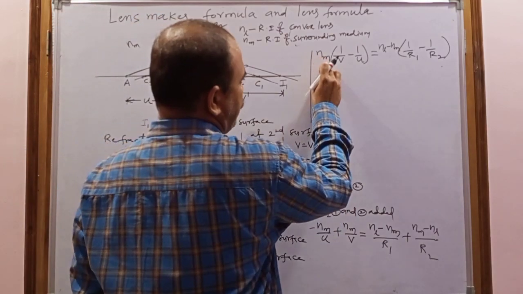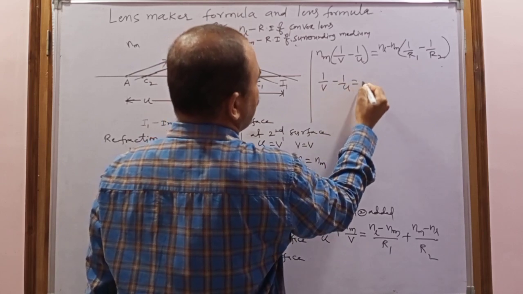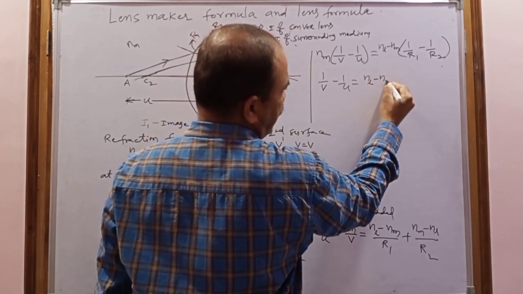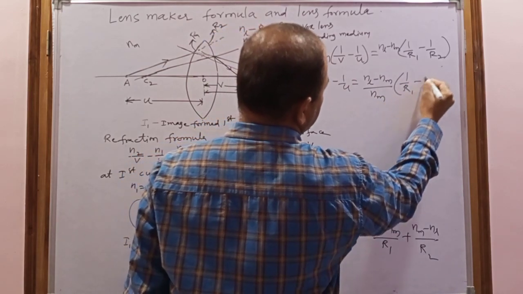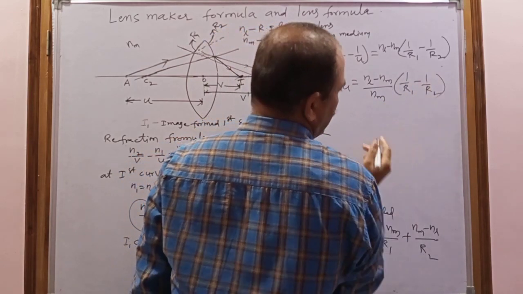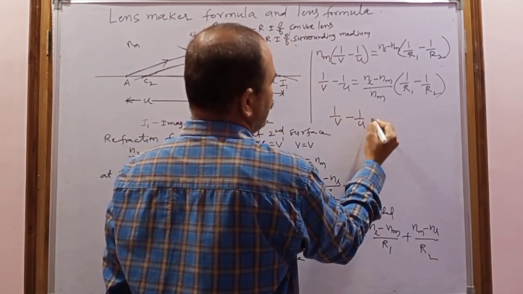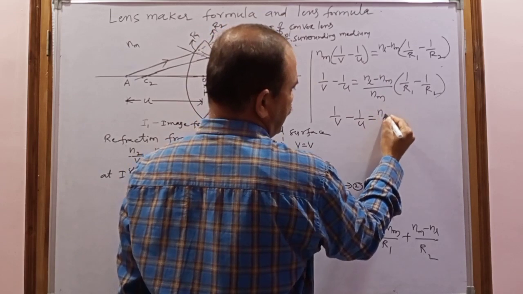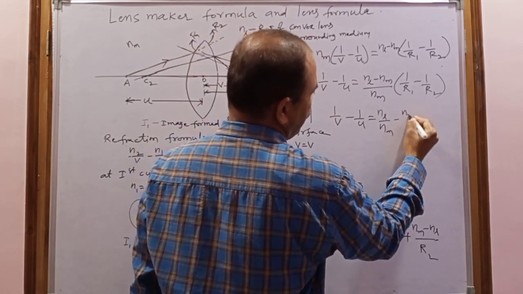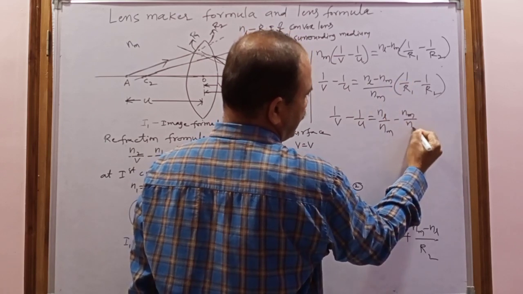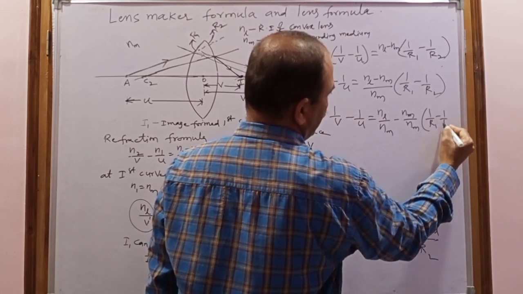Now bring this n suffix m to the right side. So 1 by v minus 1 by u equals n suffix l minus n suffix m by n suffix m, of 1 by r1 minus 1 by r2. Now divide this individually. So 1 by v minus 1 by u equals refractive index of the lens by refractive index of the surrounding medium, minus refractive index of the surrounding medium by refractive index of the surrounding medium, of 1 by r1 minus 1 by r2.